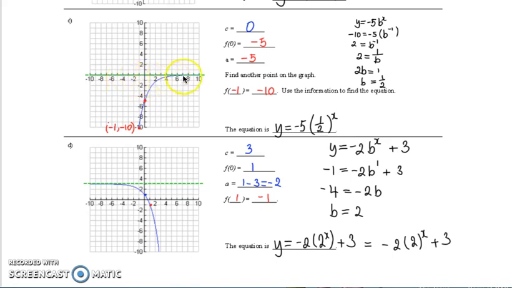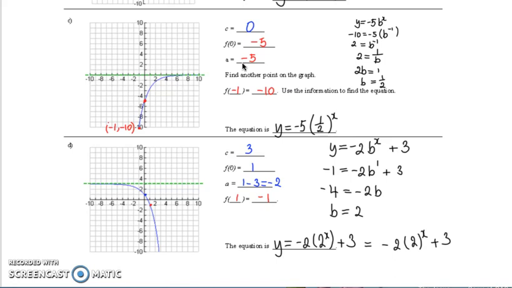The horizontal asymptote c is 0. The y-intercept f of 0 is -5. So the a value is -5 minus 0, which is -5. This makes sense because we said that must be a vertical reflection, so a is negative.